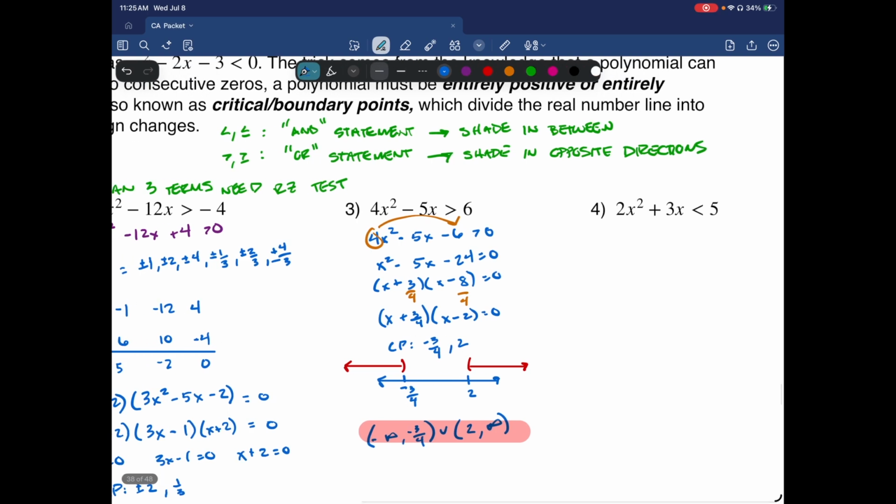Number 4, I got 2x squared plus 3x minus 5 less than 0. I'll do the AC method again. All right, so this is going to be x squared plus 3x minus 10.